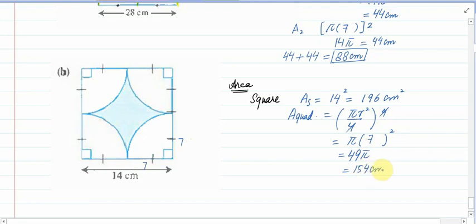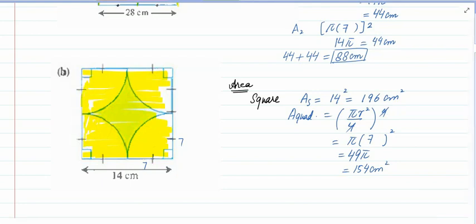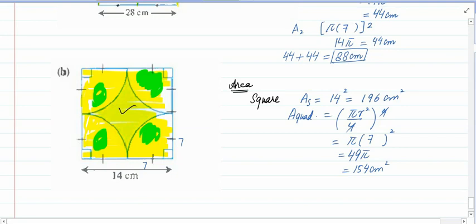So now you have the area of the square and you have the area of the quadrants. When you find out 196, basically you have found this whole area by the area of a square. Now in this area of a square, you need to subtract these four areas to find the area of this portion, right?